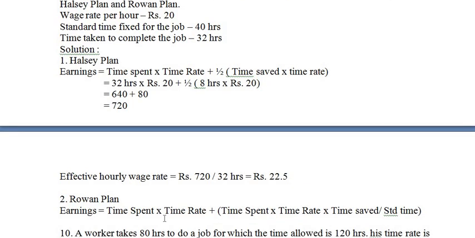Next we need to calculate it under Rowan plan as well. Earnings is equal to time spent into time rate plus time spent into time rate into time saved divided by standard time.